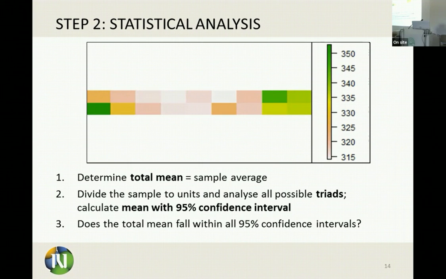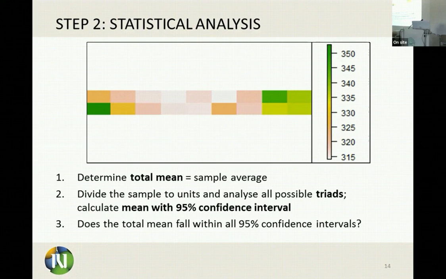This was the subsample, and we calculated its average and 95% confidence interval. We repeated this for every possible triad and counted how many triads contain the sample average in their 95% confidence interval. If more than 95% of triads were appropriate, the size of the subsample was considered sufficient.